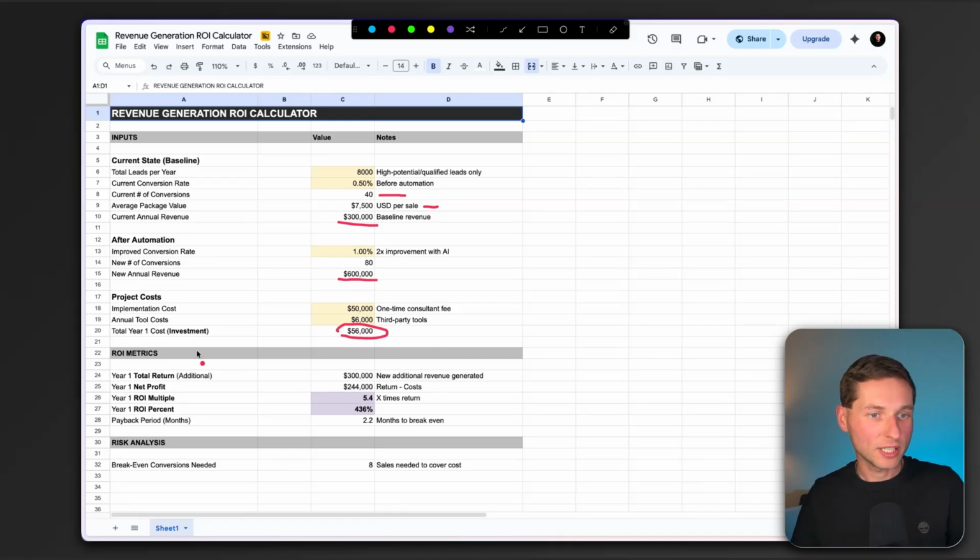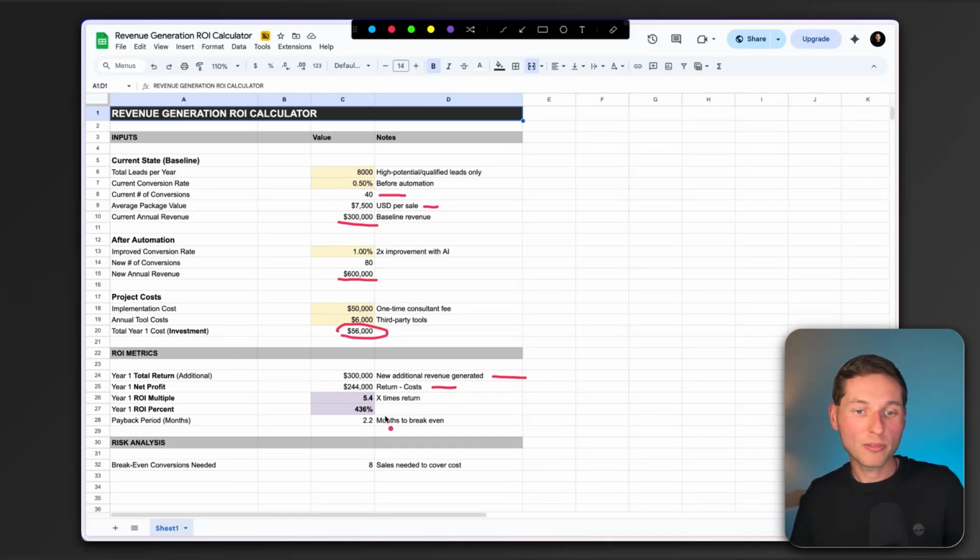And let's talk now about the ROI metrics that we were expecting for that. The year one total return is $300,000. This is the newly additional generated revenue, because without the automation they already made 300,000, so 600,000 minus the baseline of 300,000. This results in a net profit of these 300,000 minus the total project cost for the implementation and the annual tools, which is $244,000.